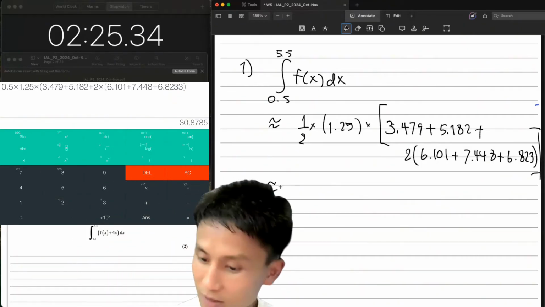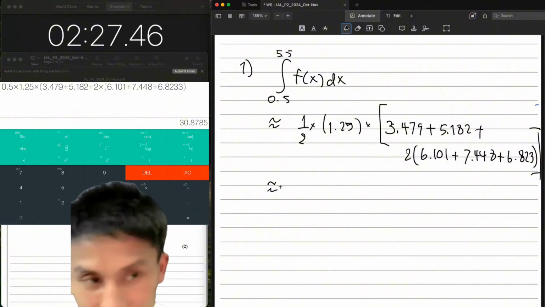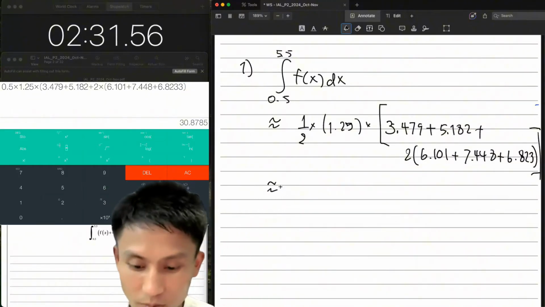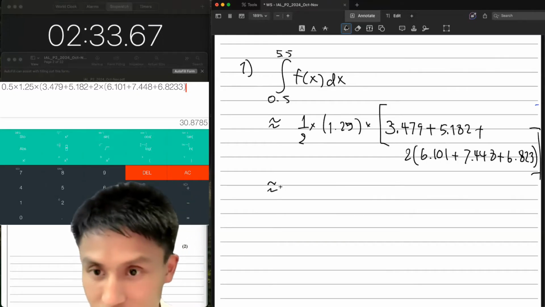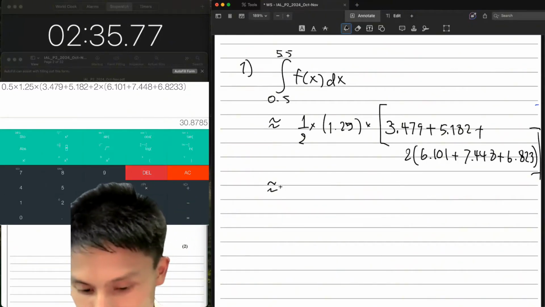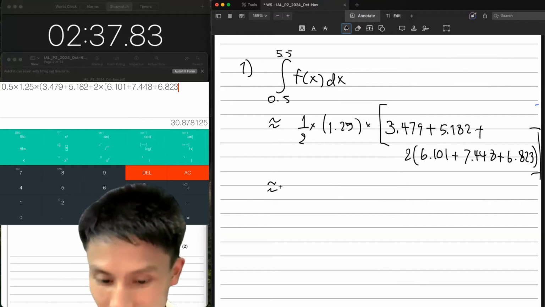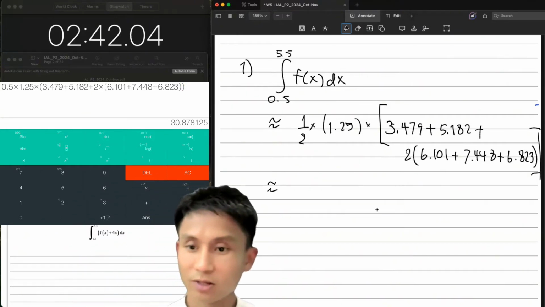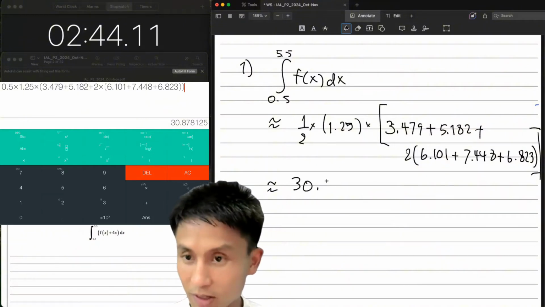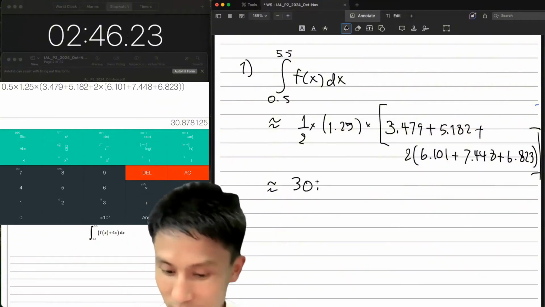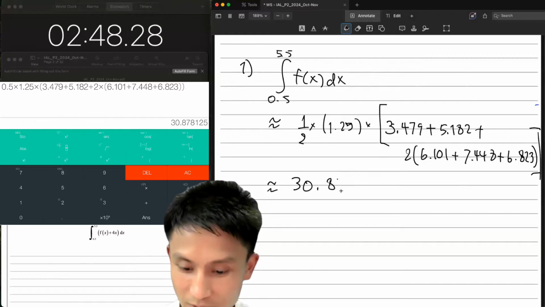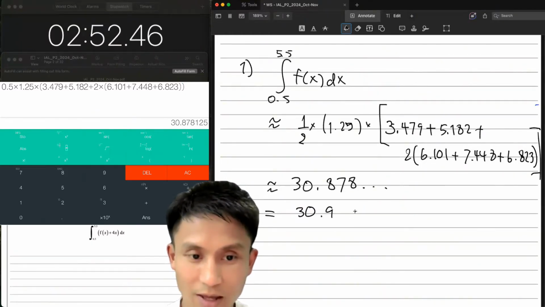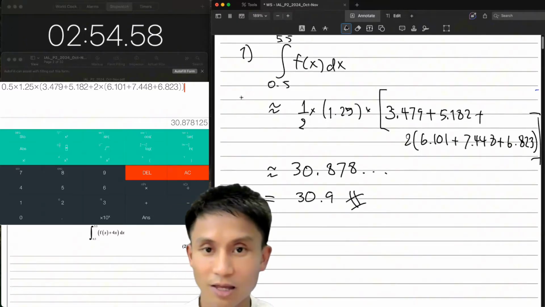Just checking the calculator if I put everything in correctly again. Okay. That should all be okay, right? So I have an extra 3 there somehow. Okay. And then closing the brackets. So I have about 30.1 decimal place. So we have 30.878 and so on. So I'm just going to write 30.9 there as the final answer for A.